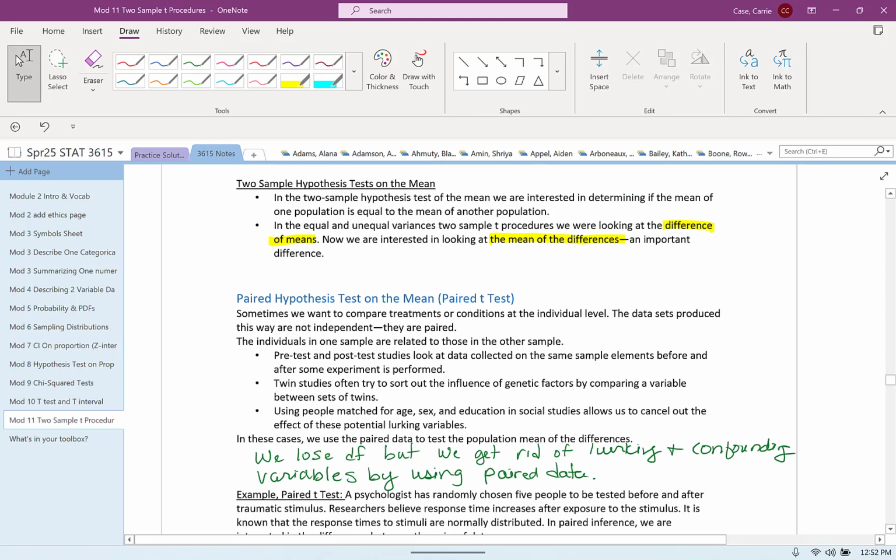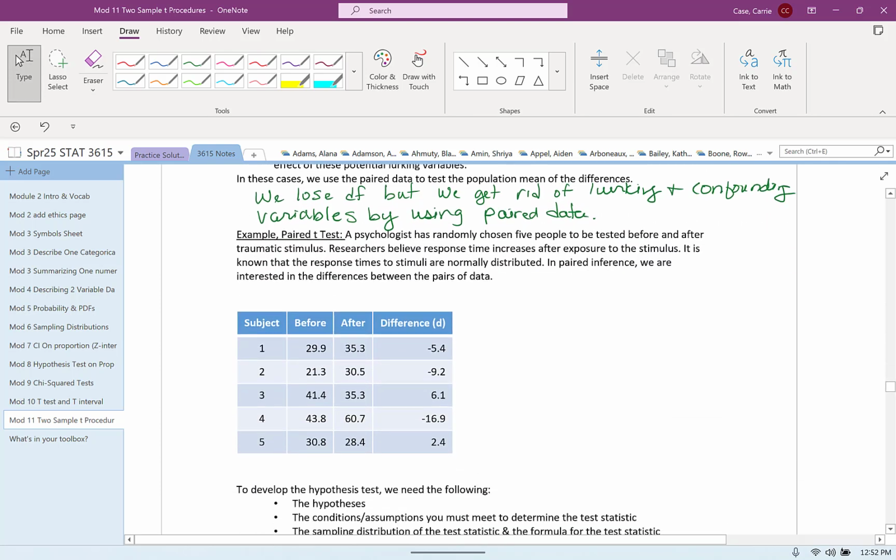And I forgot to write this above, but when we are interested in the difference of means, it is mu1 minus mu2. The mean of the differences, mu of the differences, is equal to 0. So that's the difference there.